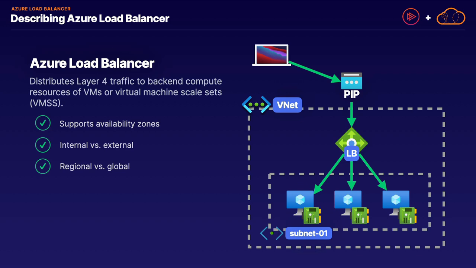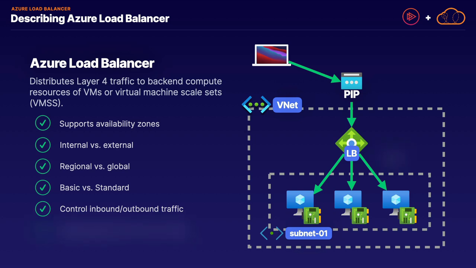Now, also with Azure Load Balancer, we have the concept of SKUs. We have basic and standard SKU, and each of these provides different features for Azure Load Balancer. So this is different from internal and external. This is actually the SKU that determines the features that are available to our Azure Load Balancer. And using Azure Load Balancer, obviously we can control the inbound and outbound traffic using DNAT or SNAT rules that are available for us.